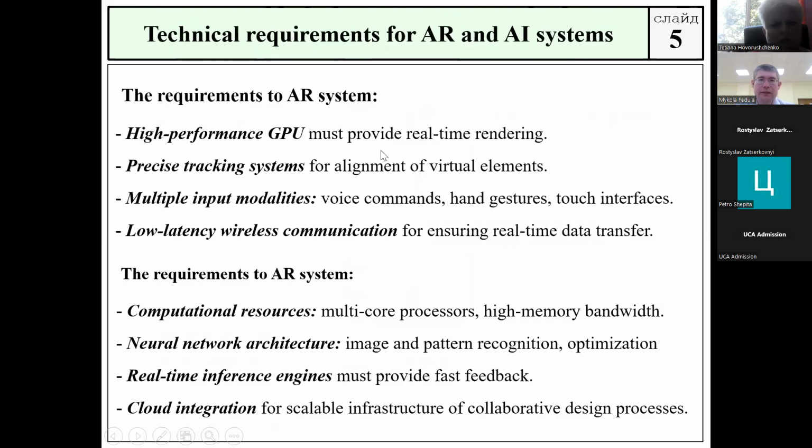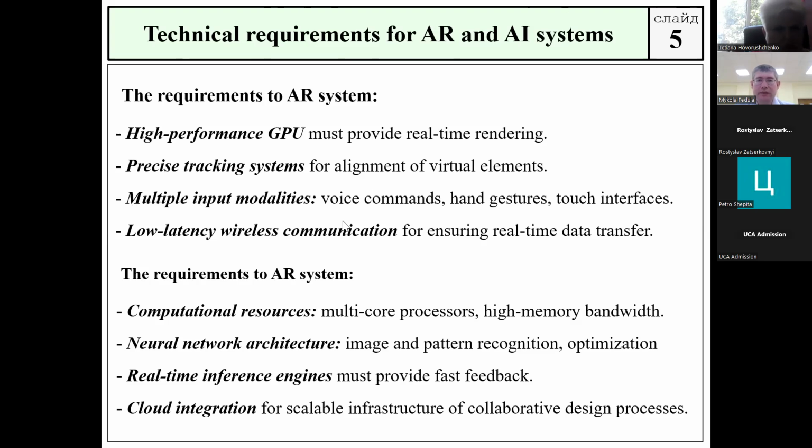The technical requirements of AR and AI systems are presented on the next slide. The requirements for the AR system are the next. A high performance GPU must provide real-time rendering, and a precise tracking system is needed for alignment of virtual elements in AR.